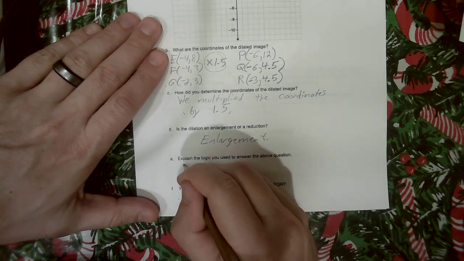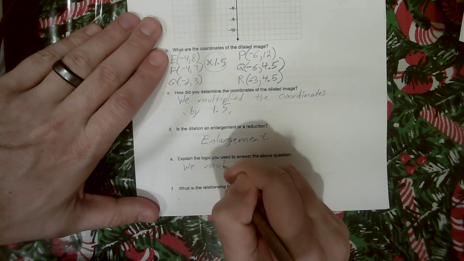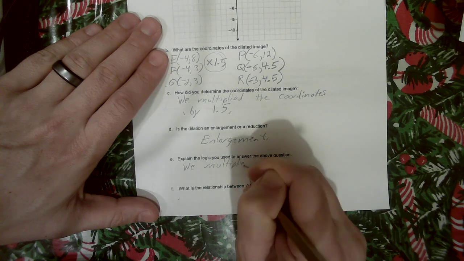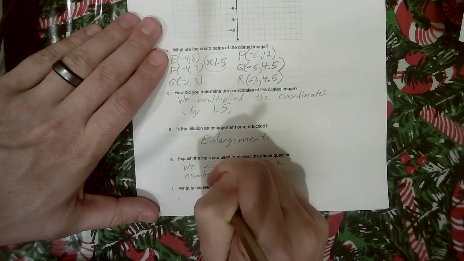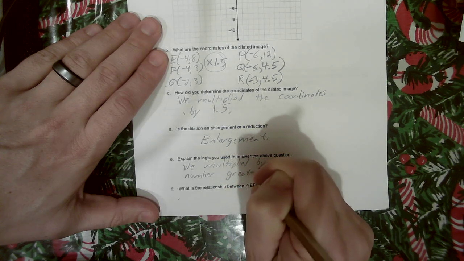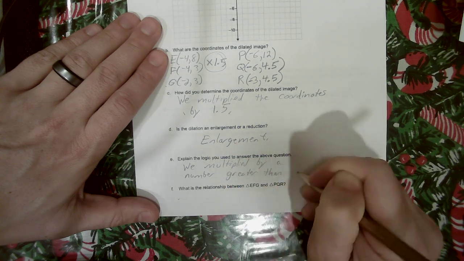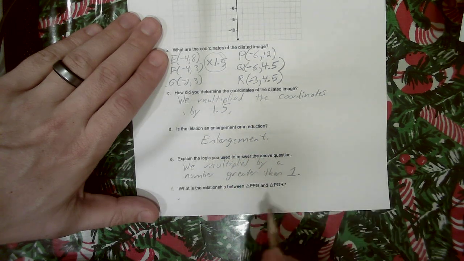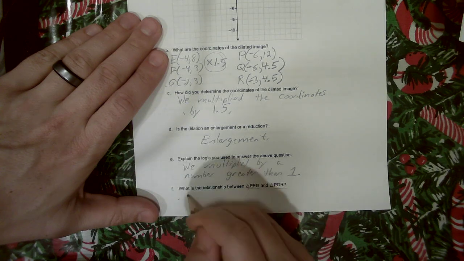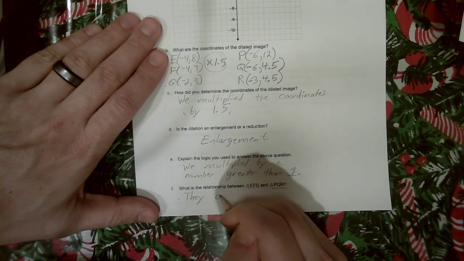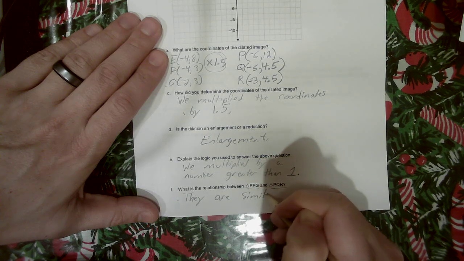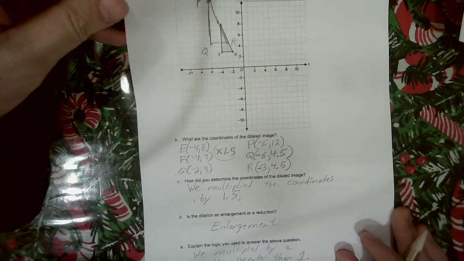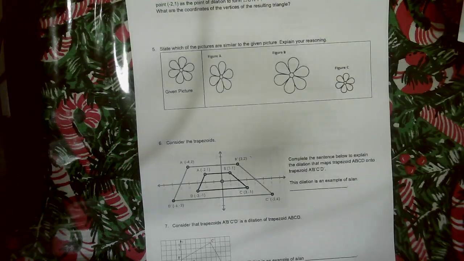Well, the logic is we multiplied by a number greater than 1. And just like the previous problem, these triangles are similar. This redundancy just kind of helps us to remember that, and that's why I really think this is here.